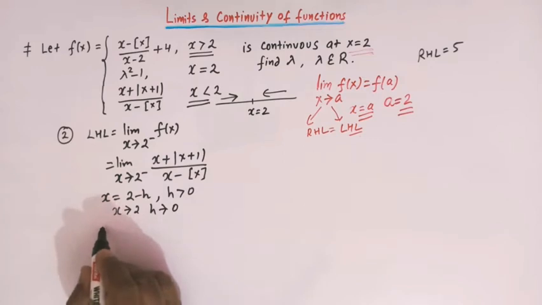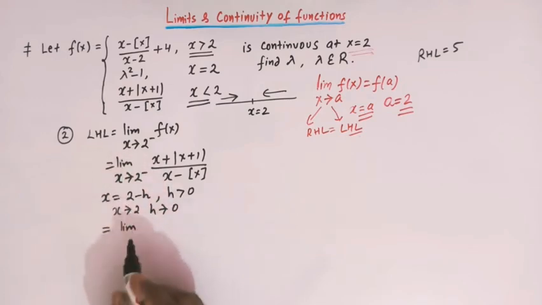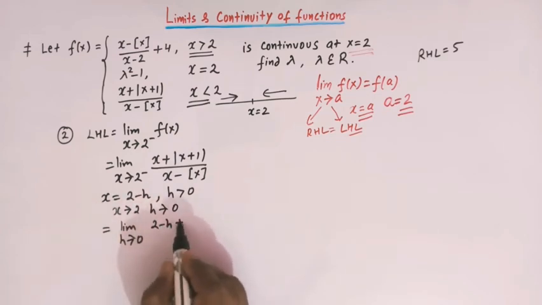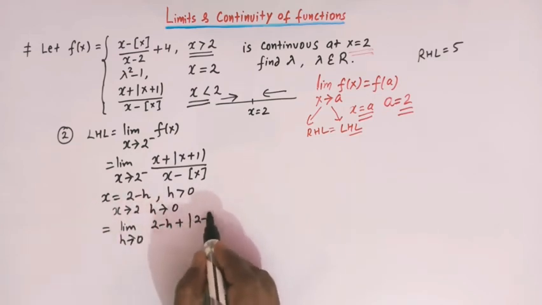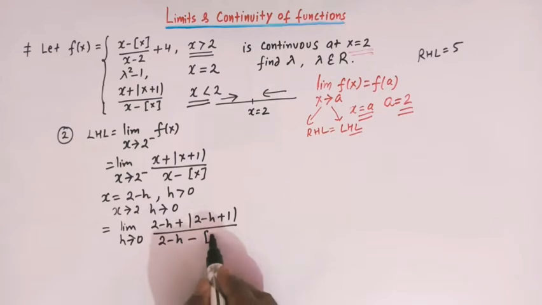So now the left hand limit is written as limit h tends to 0, and for x we can write 2 minus h plus mod of 2 minus h plus 1, and here we have 2 minus h minus greatest integer of 2 minus h.